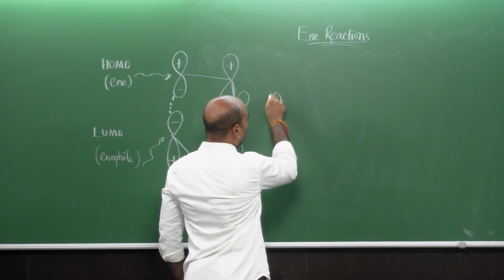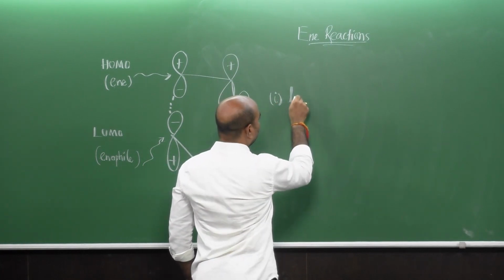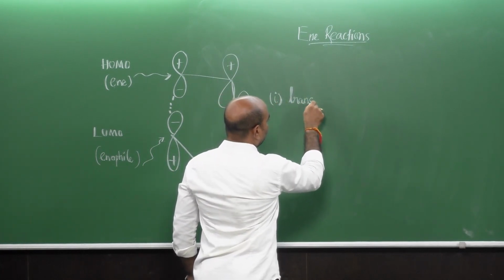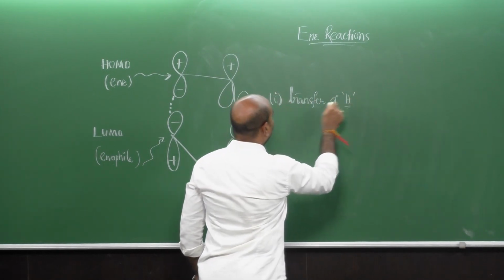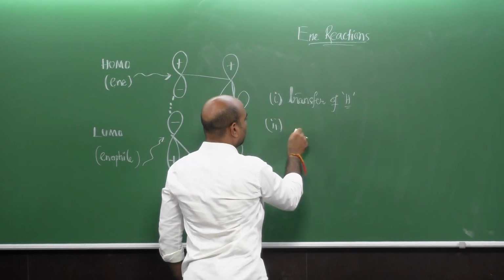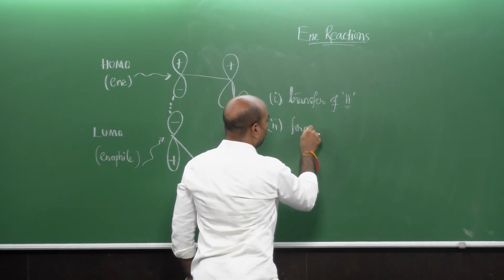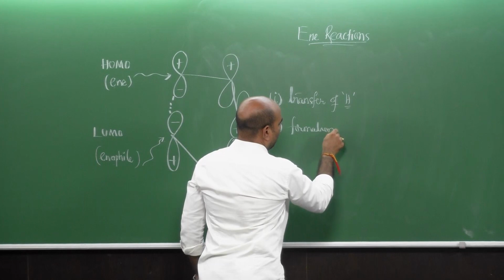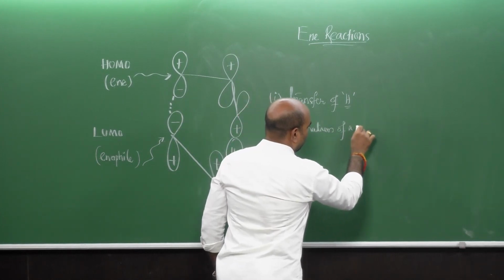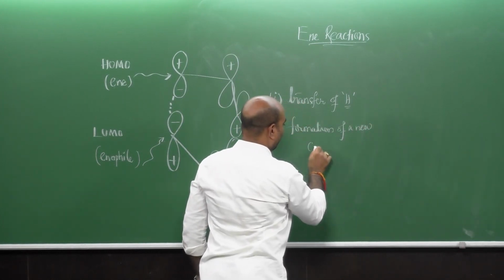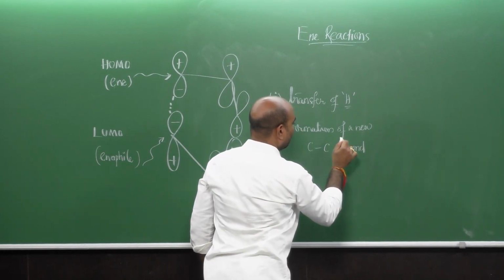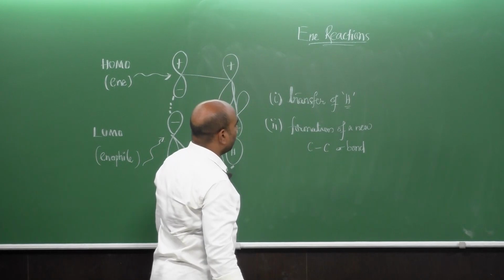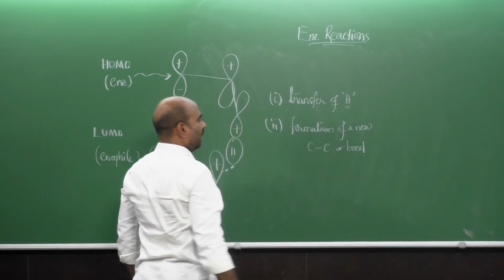Two things are possible in the case of ene reaction, that is the transfer of hydrogen, and the second thing is formation of a new carbon-carbon sigma bond. So, these two things are being observed in the case of ene reaction.